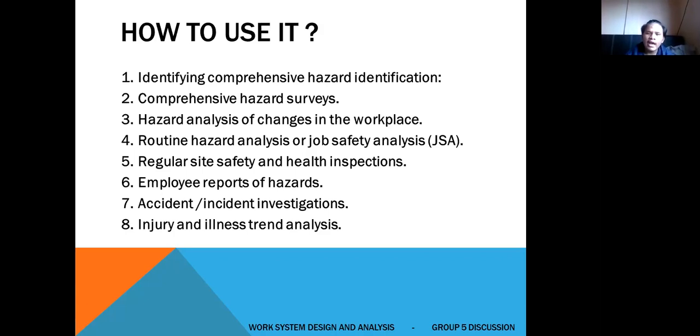So if we have some problem like electricity or some machine didn't work well, we will do an investigation. Then the last is injury and illness trend analysis. For example, our employee didn't work well.